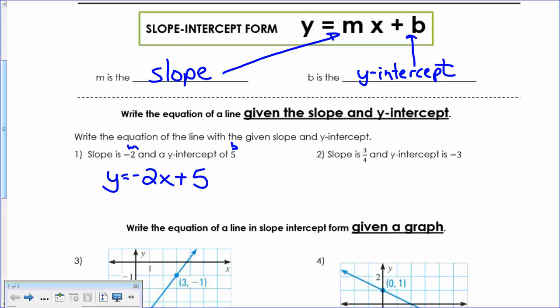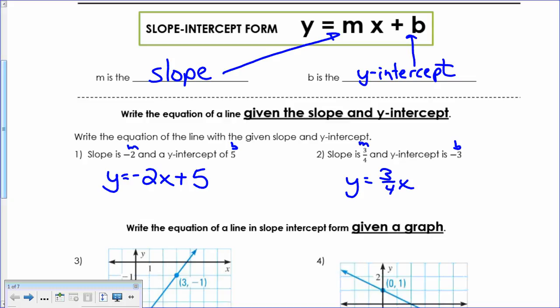Okay? Pretty simple, right? Replace m and replace b. Now for number 2, notice that our y-intercept is now negative. So again, this is our slope and this is our y-intercept. When I put m in, b is always plus b, right?